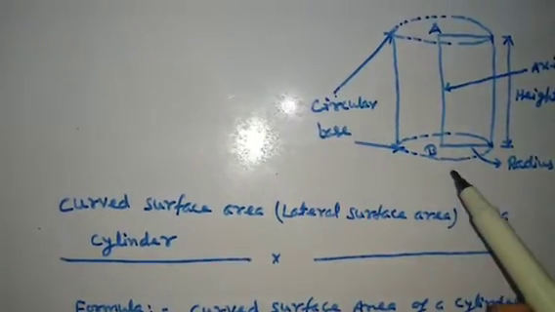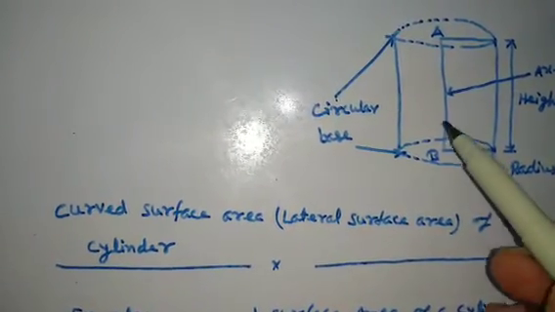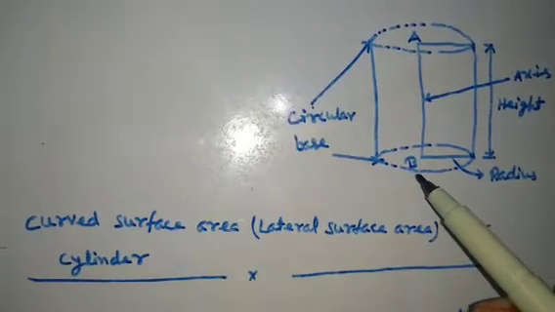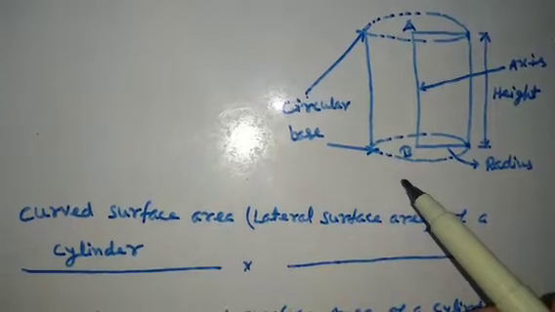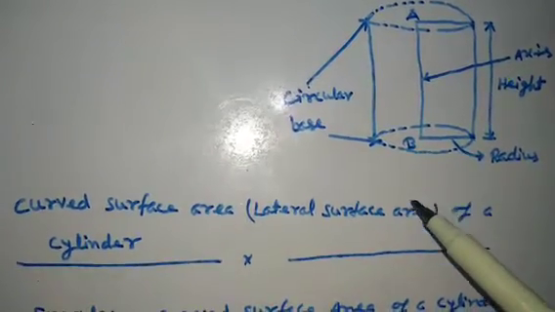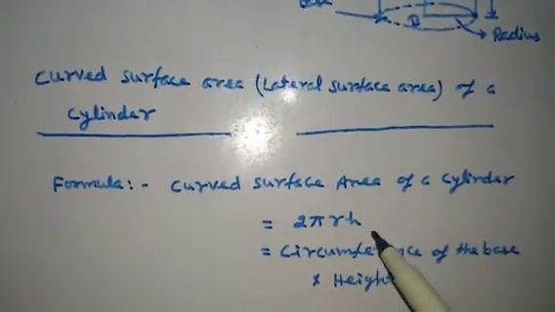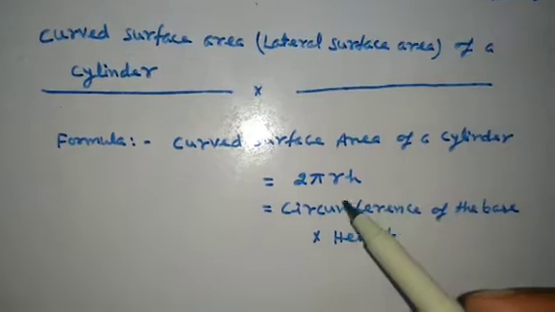It means when both top and bottom faces are open, then we find the curved surface area. Curved surface area of the cylinder is equal to 2 pi RH. This is the formula of curved surface area of a cylinder.